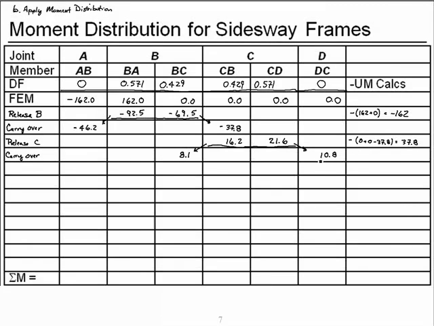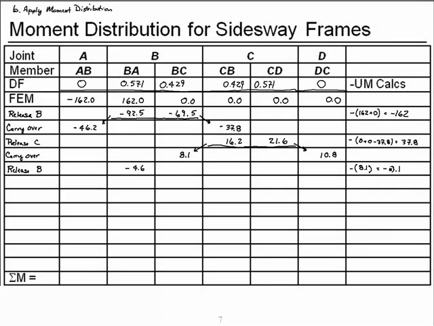Again, we don't need to release node D, so we go back and release B. My unbalanced moment is just the 8.1. Everything above this line added to 0. So my unbalanced moment, or the moment I need to distribute, is a negative 8.1 foot kips. I multiply that times my distribution factor and get a negative 4.6 foot kips.